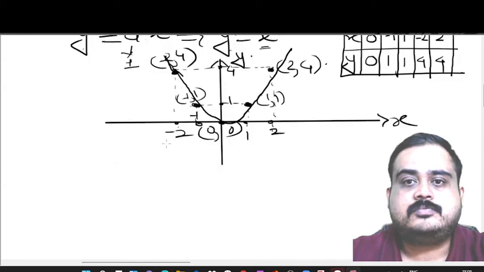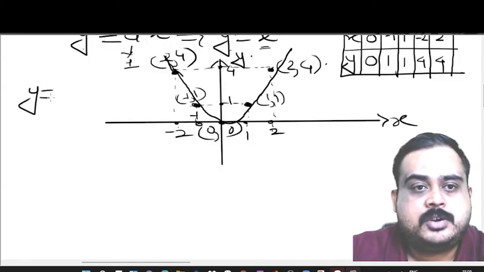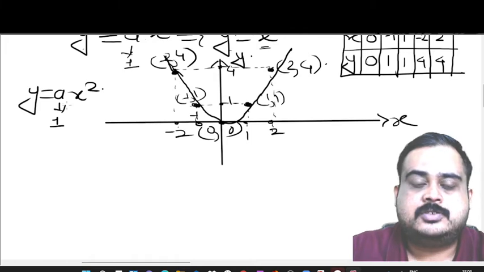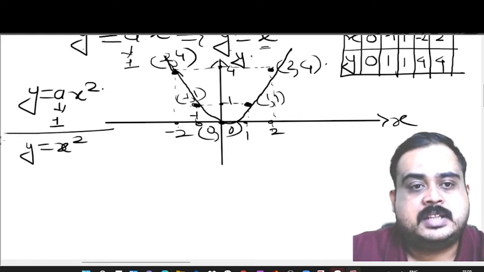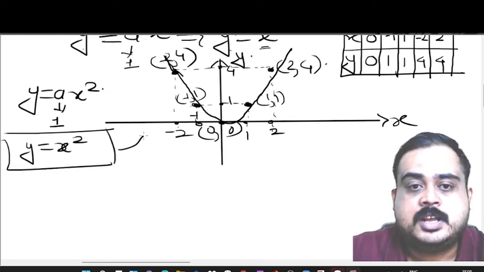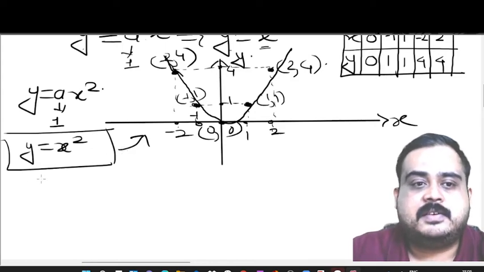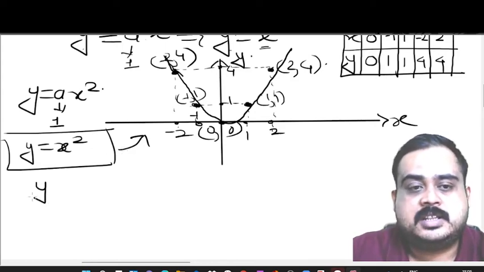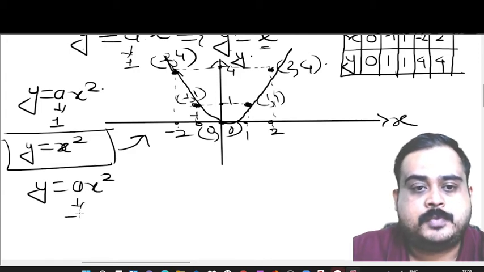Further, now we have taken y equal to ax square, and in this I have taken a equal to 1. So when I have taken a equal to 1, eventually we have plotted y equal to x square only, and this y equal to x square looks like this. Now, if we take a equal to minus 1, that is in this y equal to ax square, I am taking a equal to minus 1.